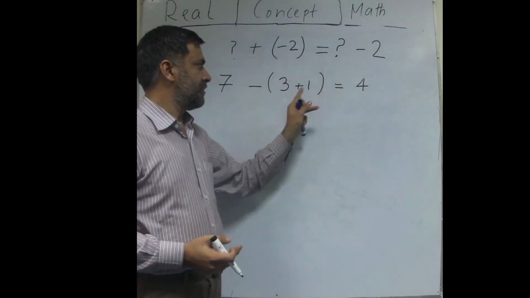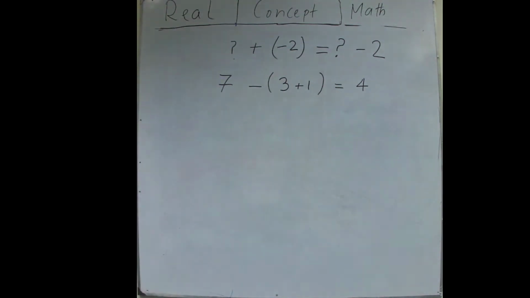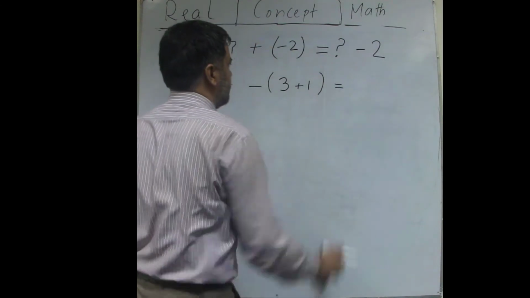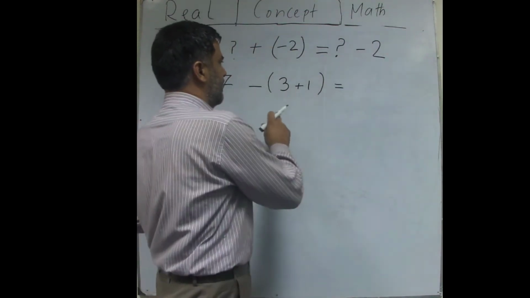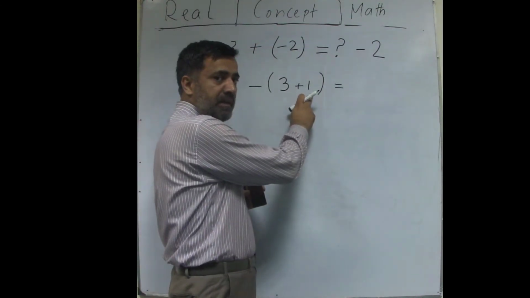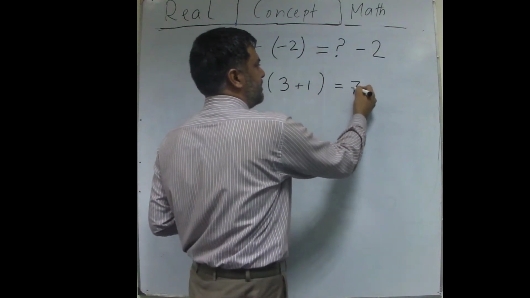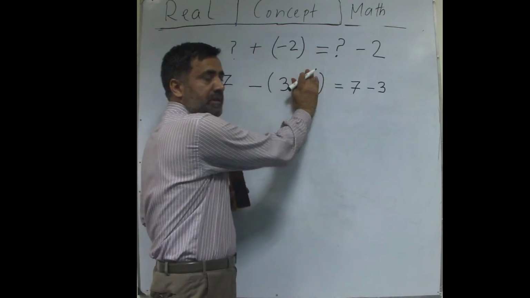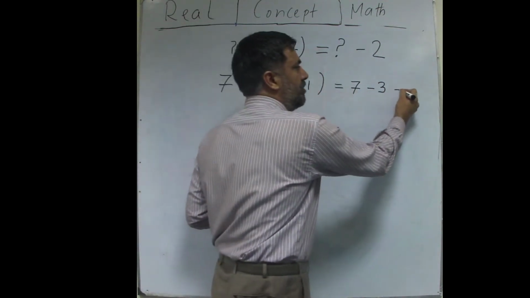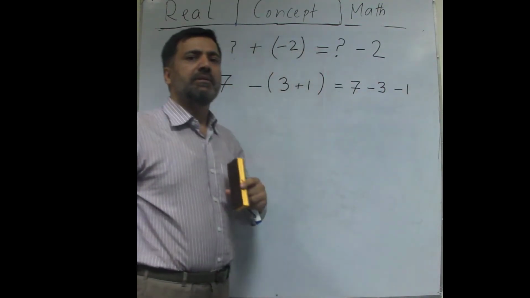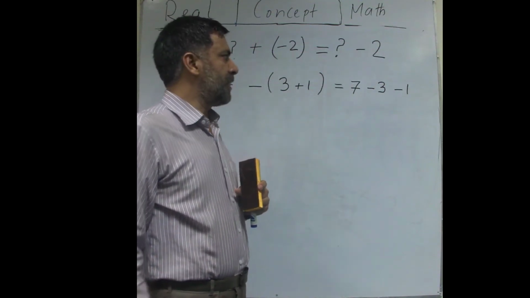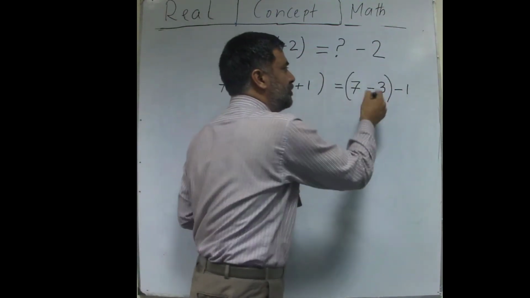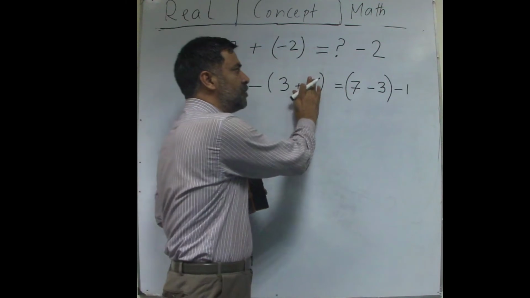So in order to solve this, when this one was not there, I just had 7 minus 3. But now I have to subtract 1 more. If I group this, I can compare the answer without 1 and with 1.